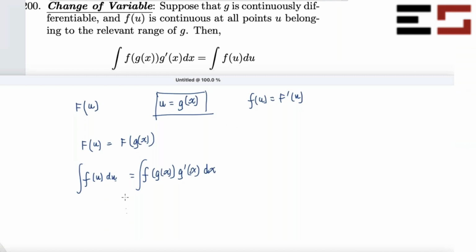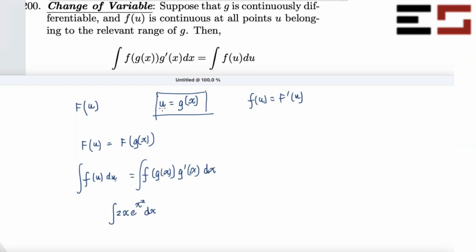Suppose you have to integrate 2x e to the power x squared dx. Suppose you want to integrate this.